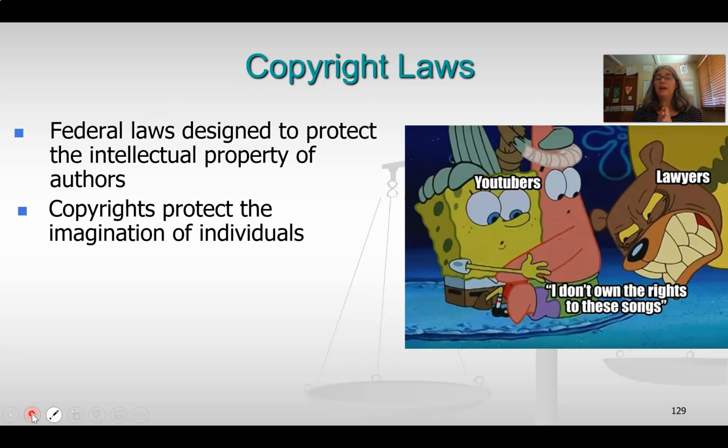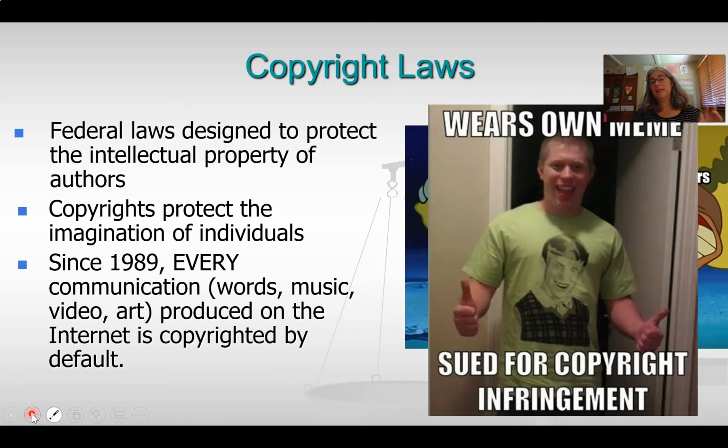It is their imagination. It is their creation. Actually, since 1989, every bit of communication out there on the internet is under a default copyright. Whether or not you've actually applied for the copyright, it is considered to be copyrighted material.